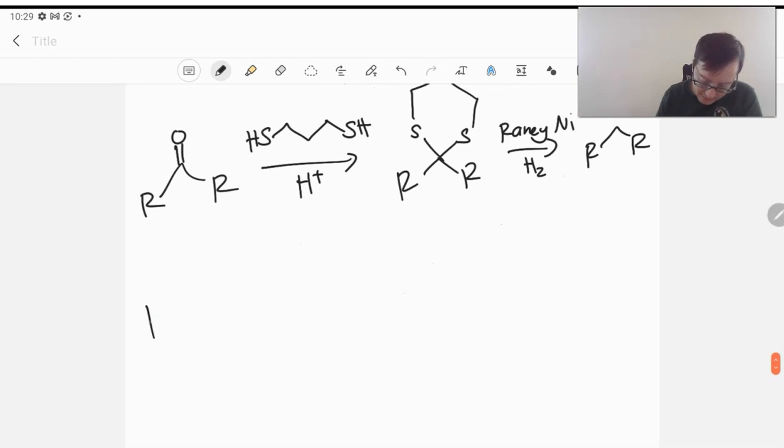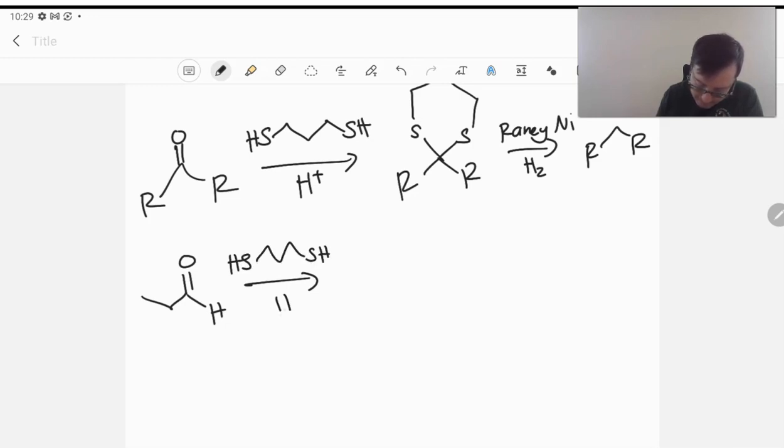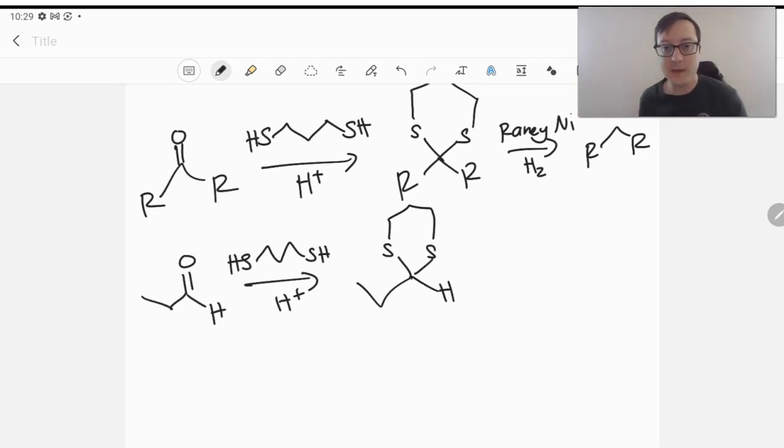If we do the same thing with an aldehyde, and I'll just put a carbon here, so we have an actual molecule. Once we've got this, yes, we could do the same thing and treat this with hydrogen and Raney nickel and remove it. But we'll be able to do something much more interesting with this.